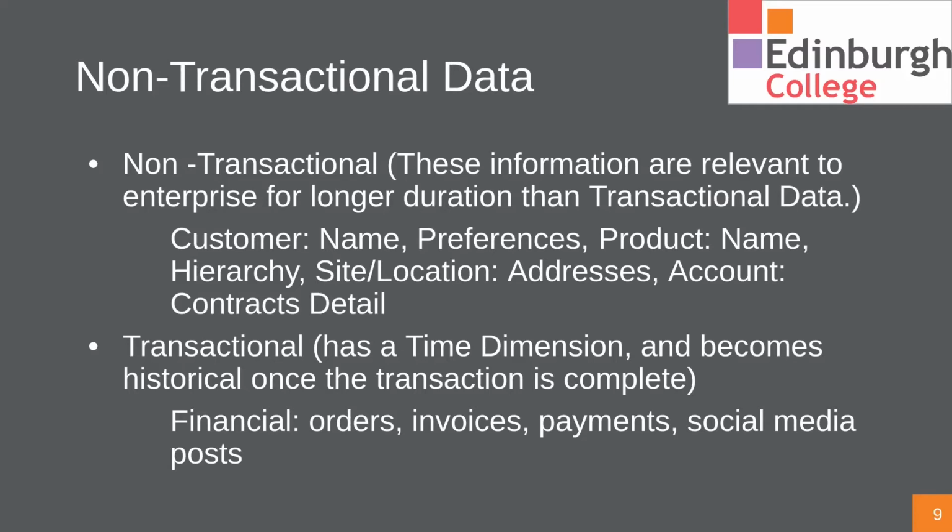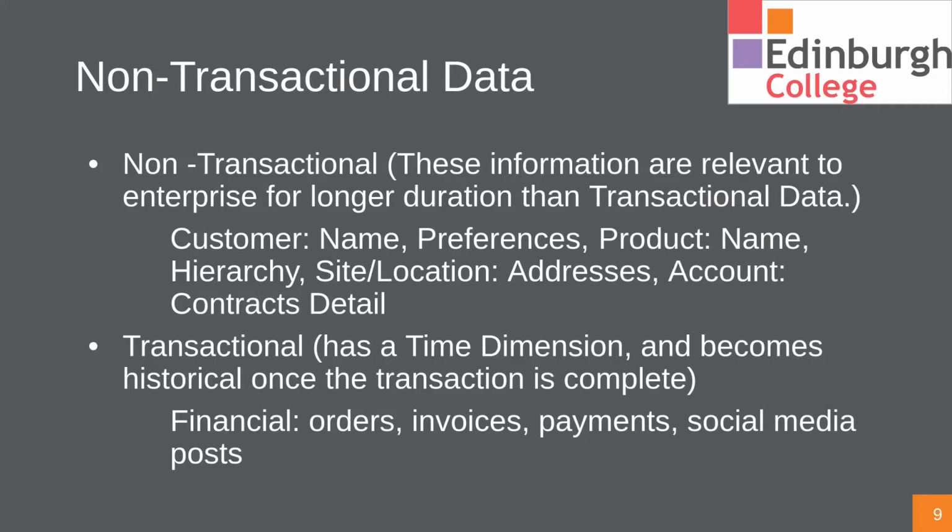Transactional data has a time dimension, a timestamp. The easiest transaction you could think of is a financial payment, an invoice, an order, something that has an order ID and a timestamp. A social media post is a transactional piece of data.